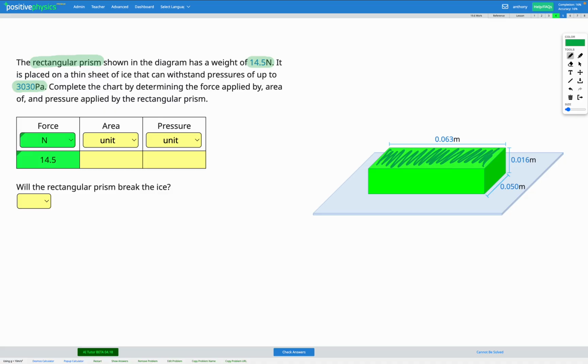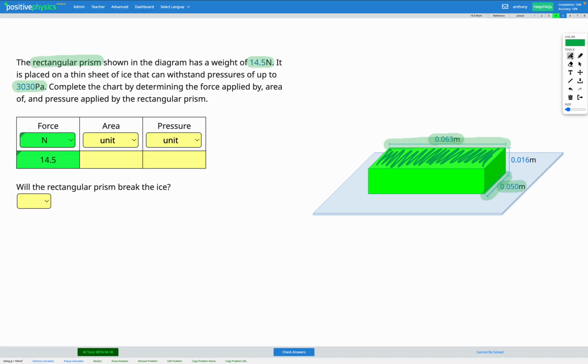So one of our sides is this one here, which is 0.063 meters. The other side of that rectangle is this one labeled here, which is 0.050 meters.